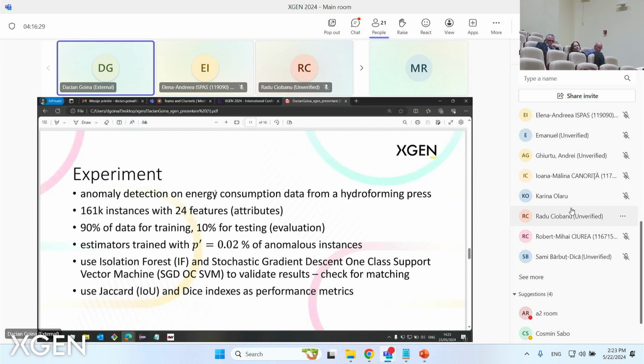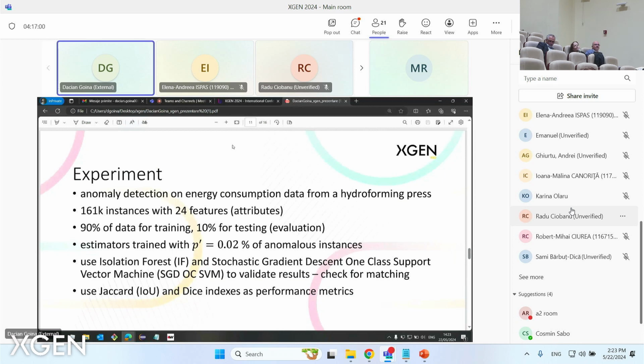A teacher provided me some hydroforming data from a project from Arad. So you received the data set from your teacher? Yes. And what characteristics, what fields does it contain?